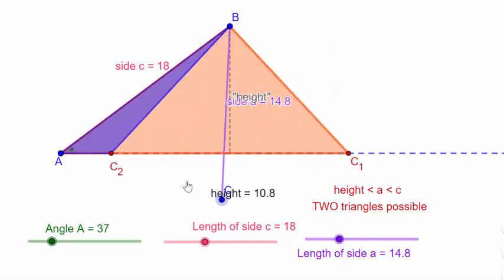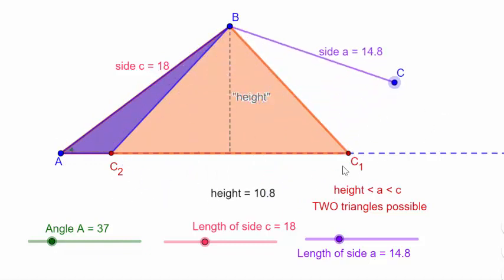So in this case, side a was greater than our height. However, it was less than side c adjacent to our known angle. So there's one of our triangles, and there's our other triangle that was possible with that angle amount and that side combination.